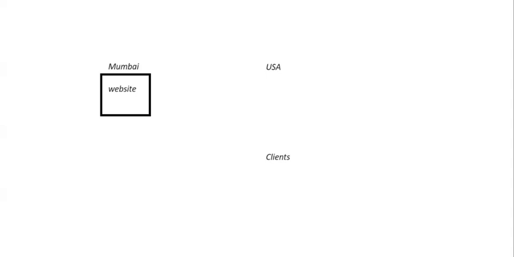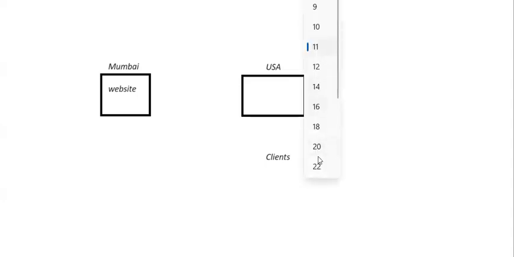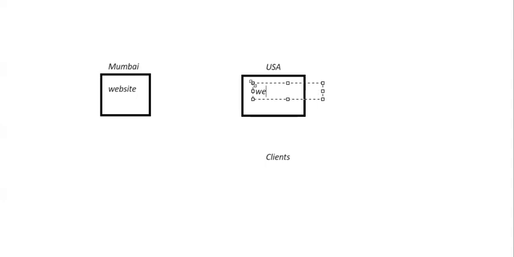Let's say I have provided one more server in this USA region, and here I have hosted my website also. Now whenever my USA clients make a request, the request will go directly to the USA website. How will this request be sent to the USA website or the Mumbai website?